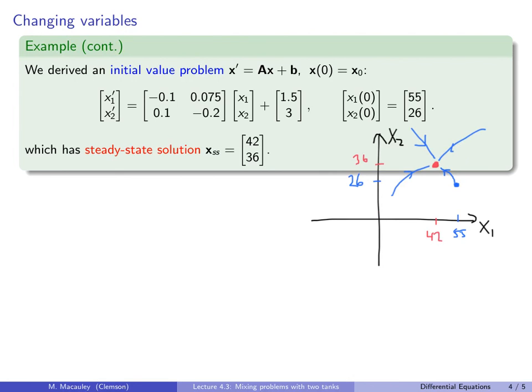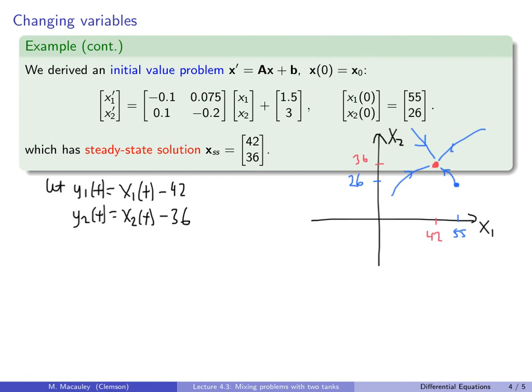Let's change variables. Let's define a new coordinate system. I'm going to let y1 of t equal x1 of t minus 42, and I'm going to let y2 of t equal x2 of t minus 36.